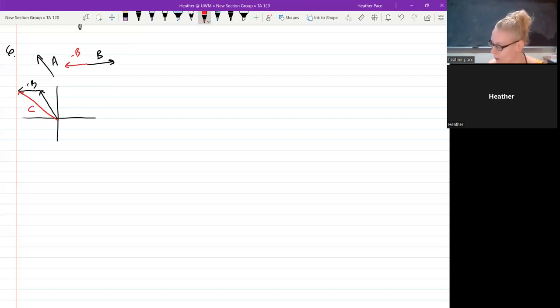So looking at what our problems look like, A, B, C, and D, we can see that A is obviously not correct. That's a straight line down, and a straight line down is going to take us to an axis, but it's not going to take us to the origin.